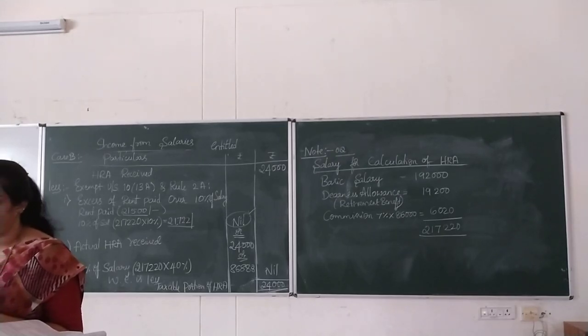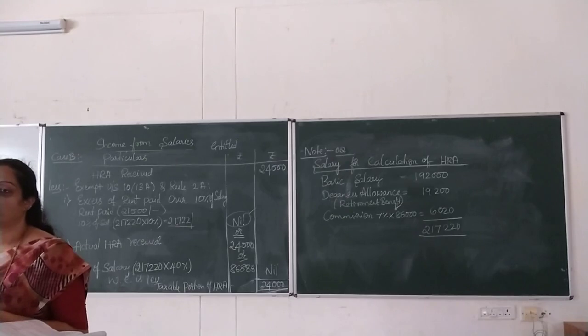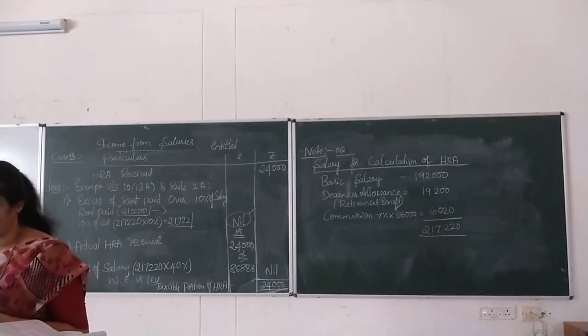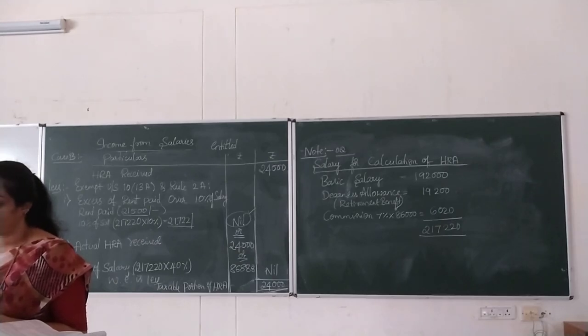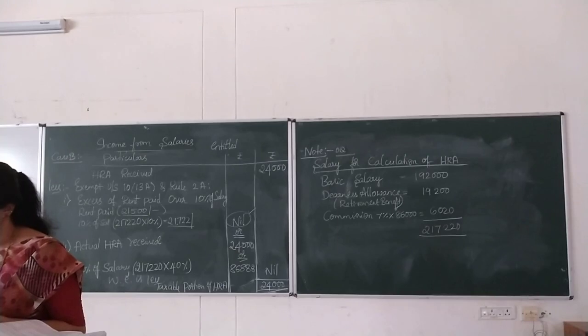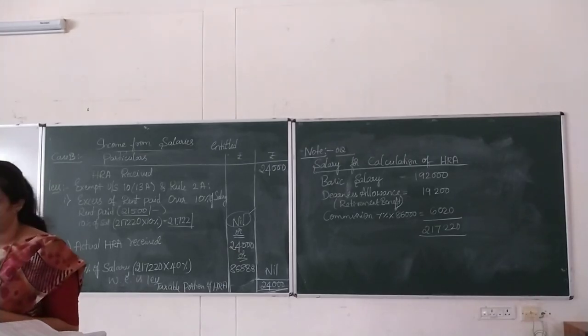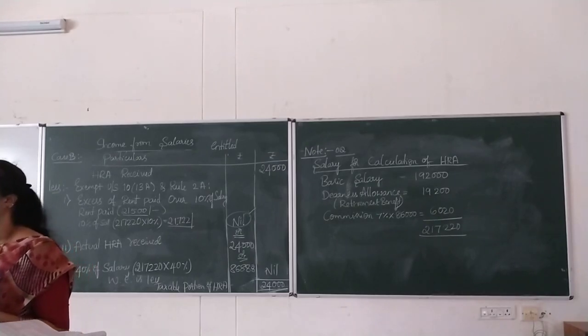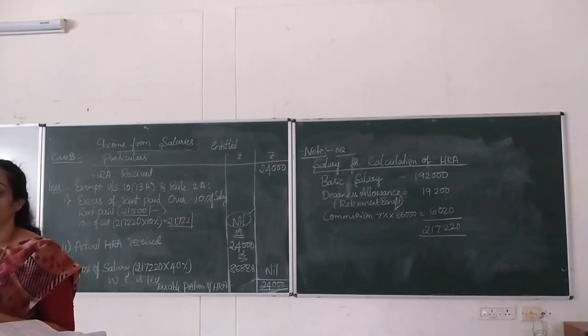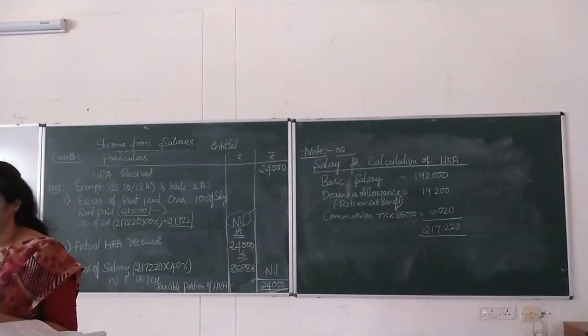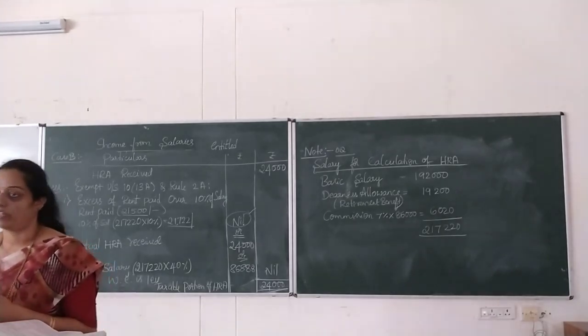Next point, entertainment allowance, we should not take, rupees 500 per month. Next, commission rupees 4,000, based on the turnover.